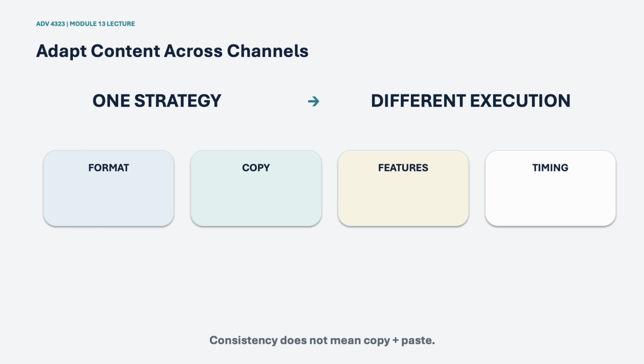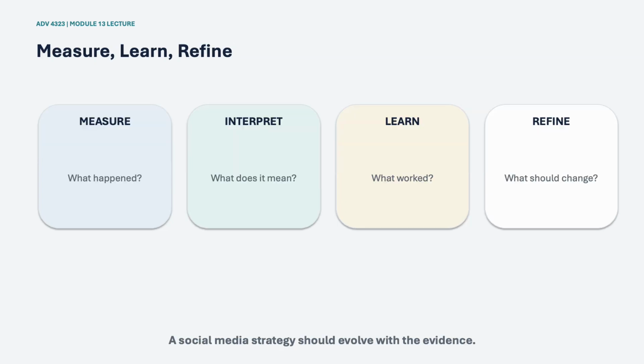Think back to our platform strategy module. People don't necessarily use Instagram, TikTok, LinkedIn, and other platforms in exactly the same way. Your content should reflect those differences while still maintaining a consistent brand identity and strategic message.